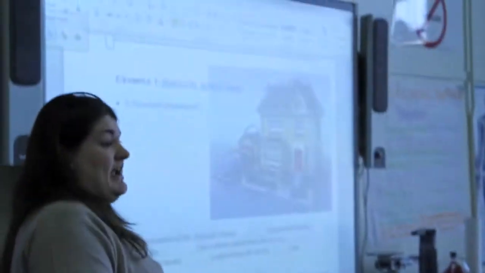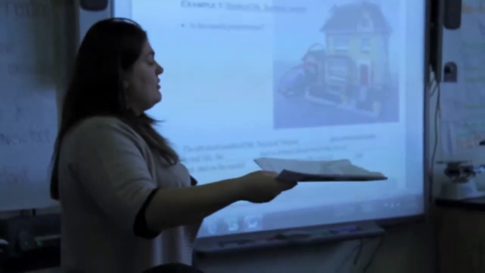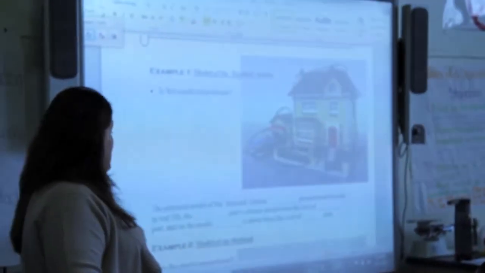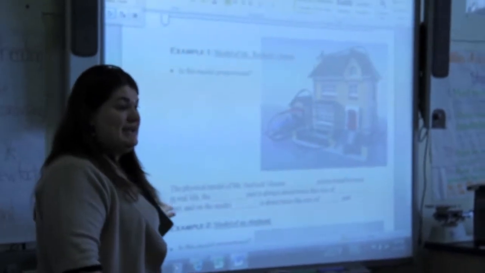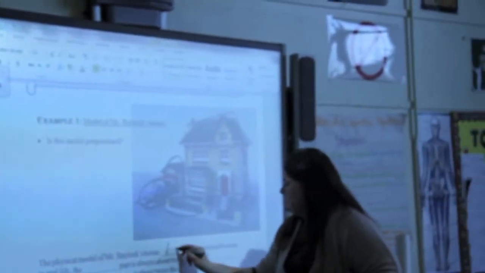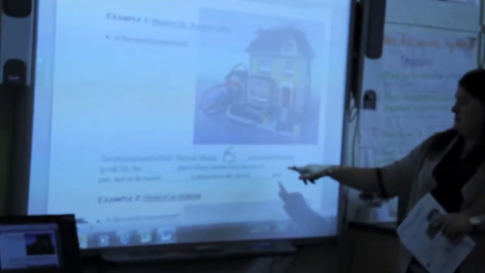Okay, really good job. So when we decide that something is proportional or not, we need to be able to support our answer, just like you would in math, or in reading, or in science on an open-ended, okay? So this is how we're going to explain. The physical model of Mr. Baylock's house is proportional. So write this down on your paper, Salim.